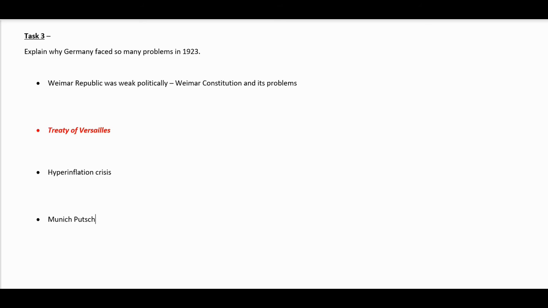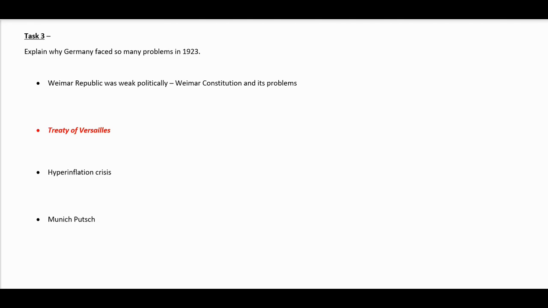Some of it was to do with the monetary policies of the German government themselves, and we could say the Munich Putsch was not entirely caused by the Treaty of Versailles. It was about the opposition of the Nazis to the way in which the Weimar government dealt with the hyperinflation crisis, and that links to the idea of the Weimar Republic being politically weak.